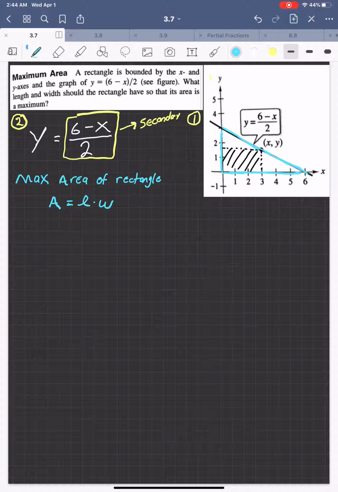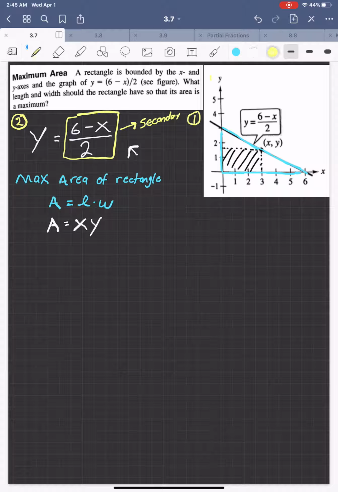The only difference is, instead of using an L and a W, I'm going to use area equals x times y. And that makes sense because our secondary equation doesn't have L's and W's, but it has x's and y's, and we can think about length and width in that fashion.